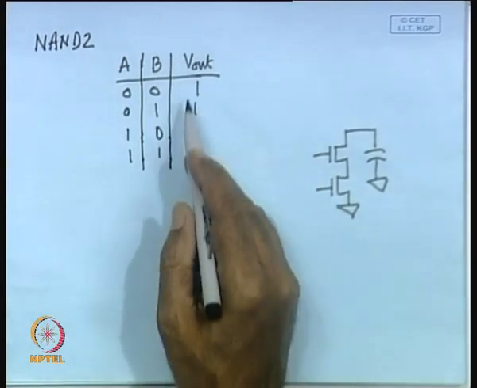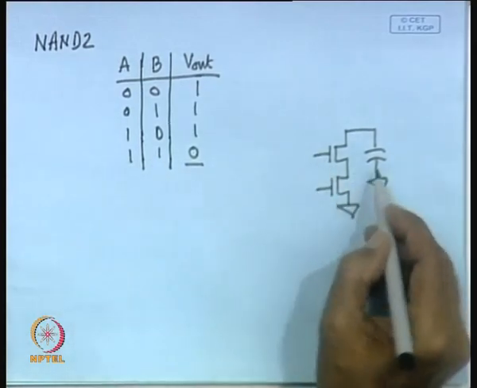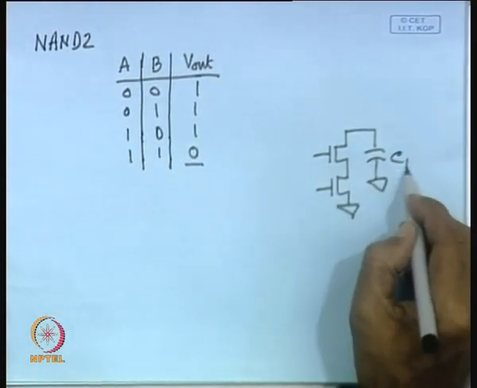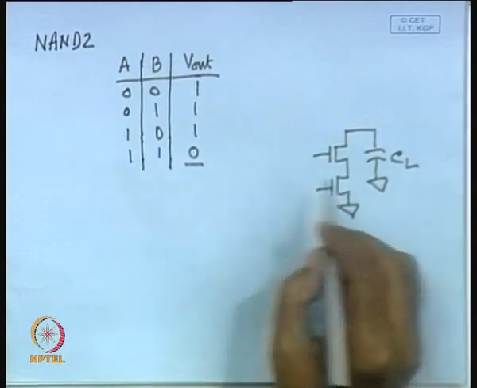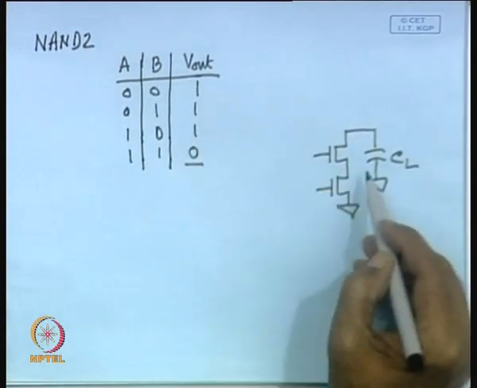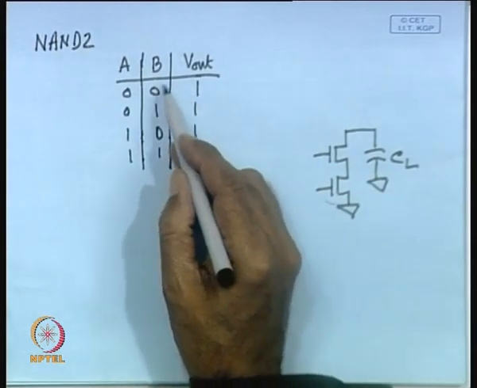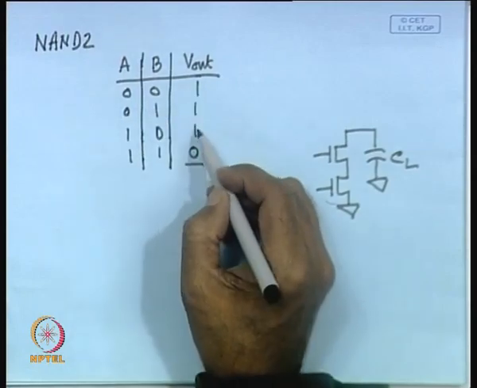In this particular case it is pulling down when both of them are 1, the CL can be pulled down. Now, what is the role of the PMOS transistors? The role of the NMOS network is to produce 0, and the role of the PMOS network is to produce 1.